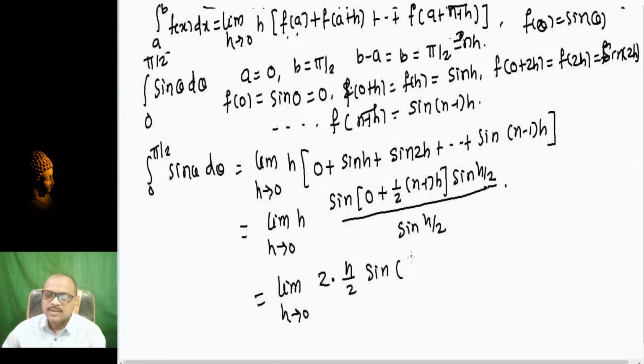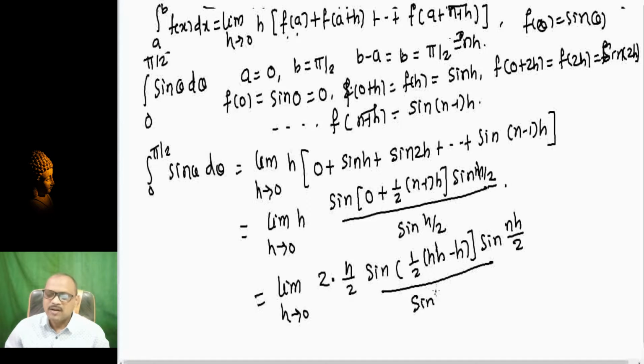Now this is 1 by 2 into (nh minus h) into sine of nh divided by 2 and divided by sine of h by 2.